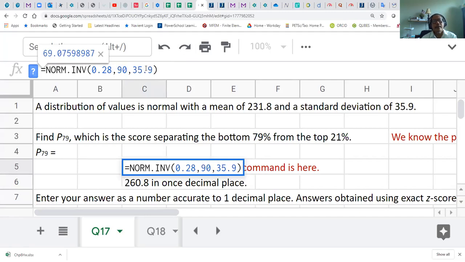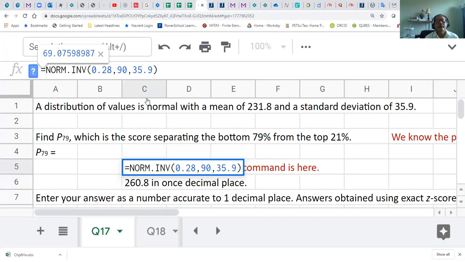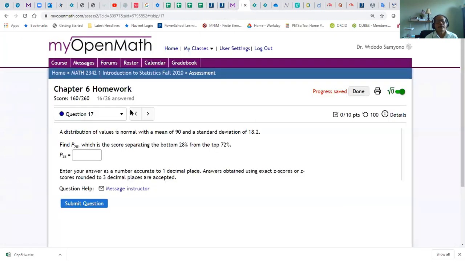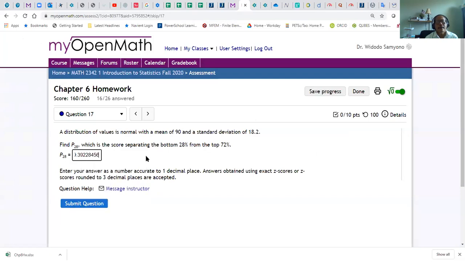The mean is 90, and the standard deviation is 18.2. Enter.